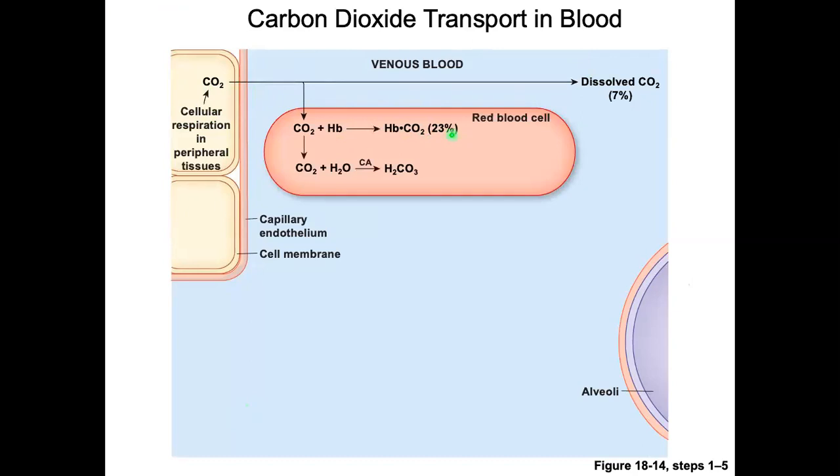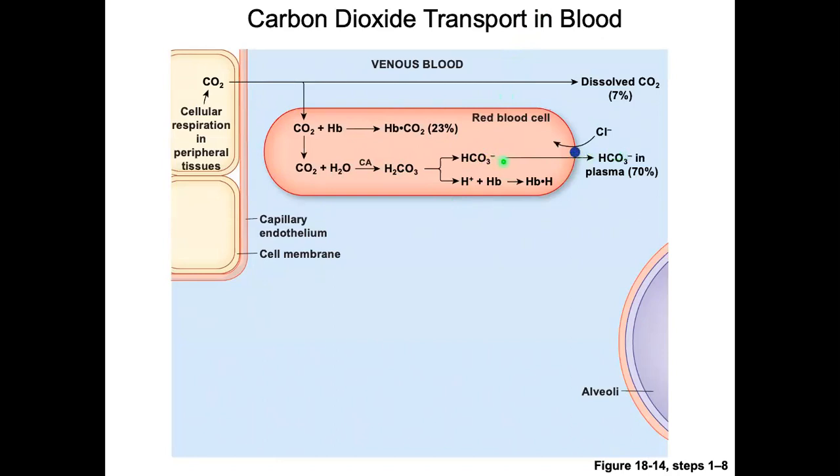But then most of it binds with water in the presence of carbonic anhydrase to make carbonic acid. As soon as that's made, it splits into bicarbonate ion and protons. The protons are actually going to be bound to hemoglobin. The bicarbonate ion gets kicked out of the red blood cell.